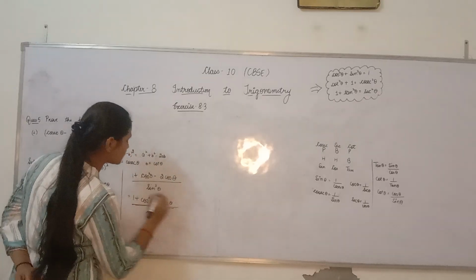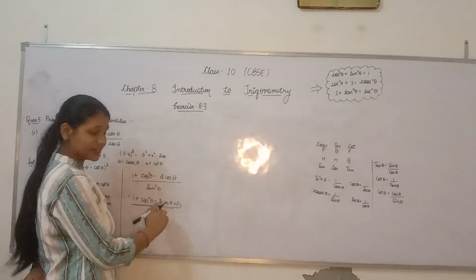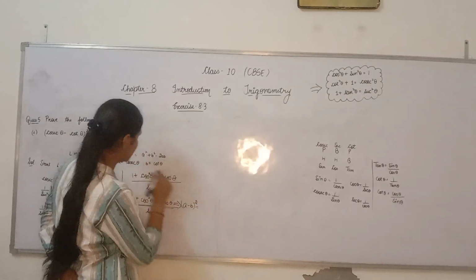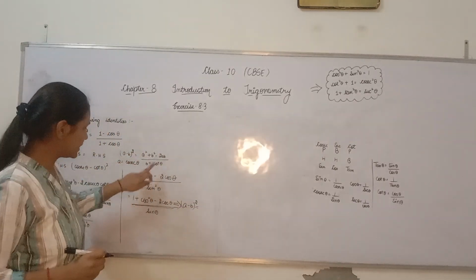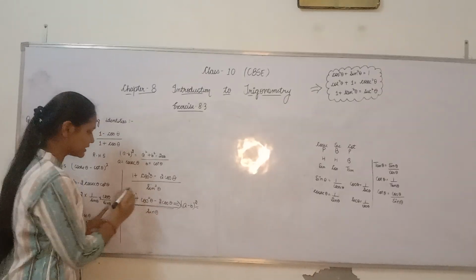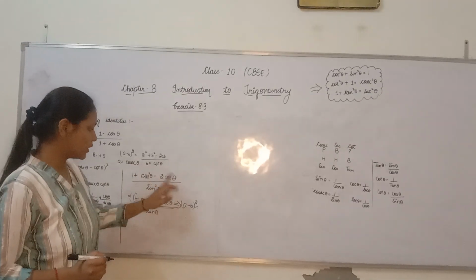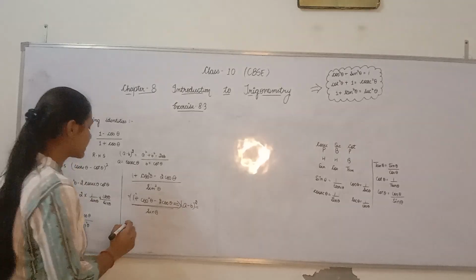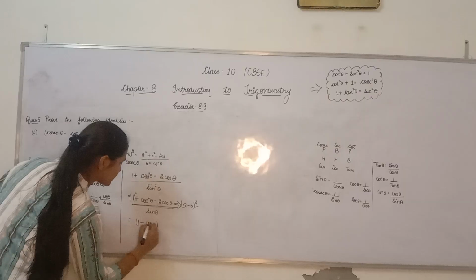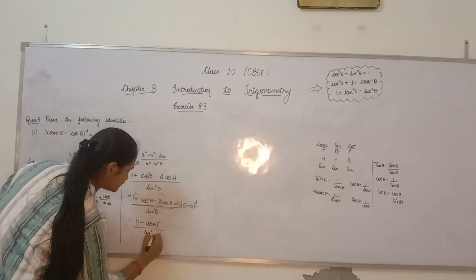This seems to be an identity of a minus b the whole square, which is a square plus b square minus 2ab. Here a square is 1 square, a square plus b square minus 2ab. So here we can write it as 1 minus cos theta whole square upon sin square theta.